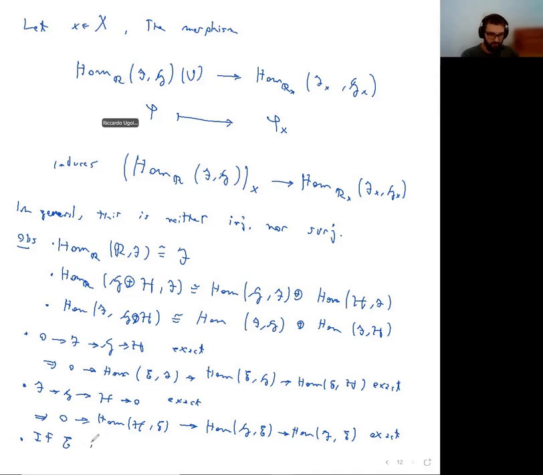So if E is locally free, then the functor Hom(E, ·), this first one, is exact. So it's not just left exact, but it's actually exact.